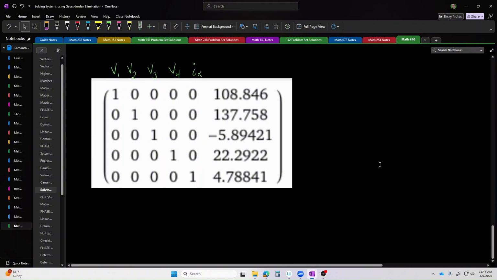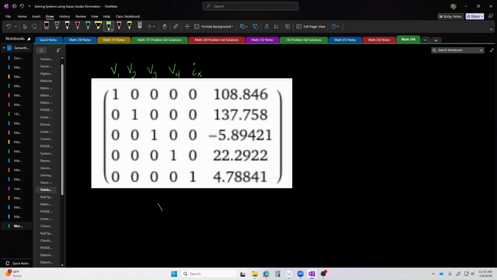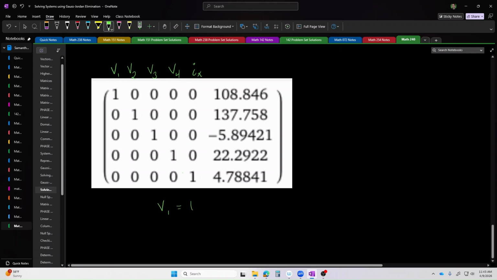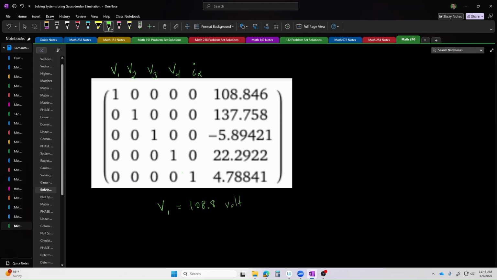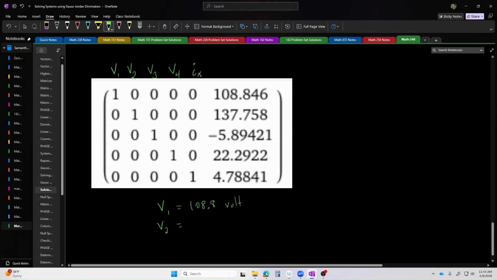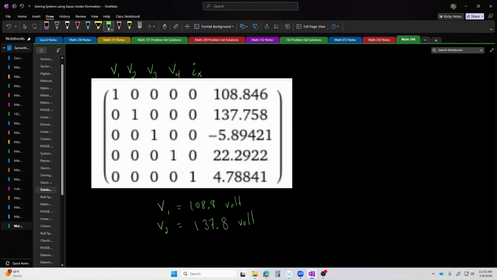So bearing that in mind, if we then interpret the results that Wolfram Alpha is giving us, the first row of the reduced matrix says that the voltage V1 would be equal to approximately 108.8 volts. V2, the second voltage, would be equal to 137.8 volts.